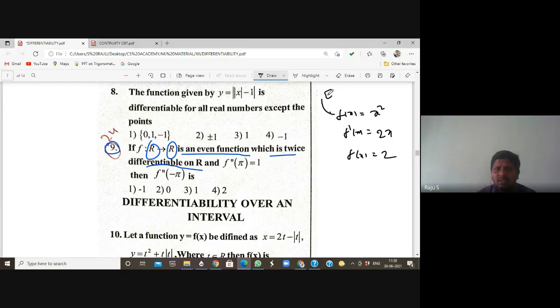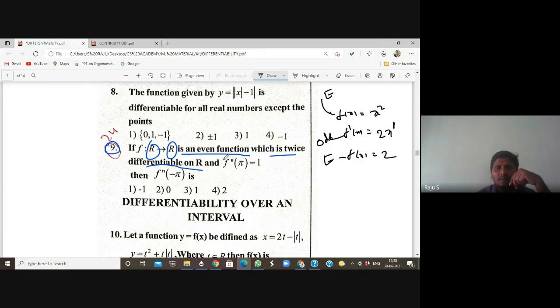The function is clearly given as even. When I differentiate it, we get x power 1, which is an odd function: x power 1, x power 3, x power 5 are odd functions. Differentiating again, we get an even function. So when we differentiate the even function twice, again it is even.